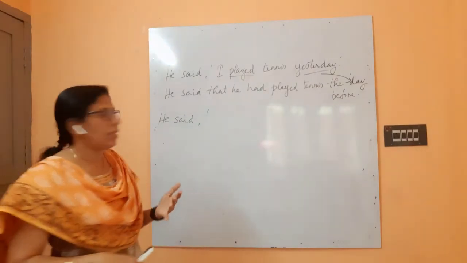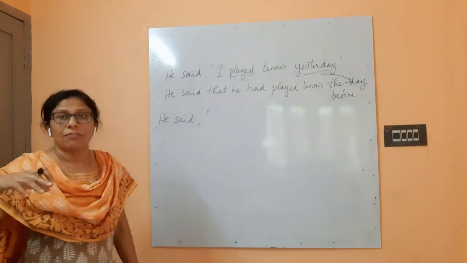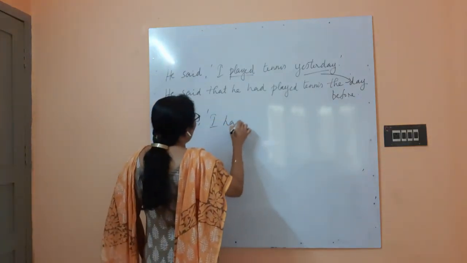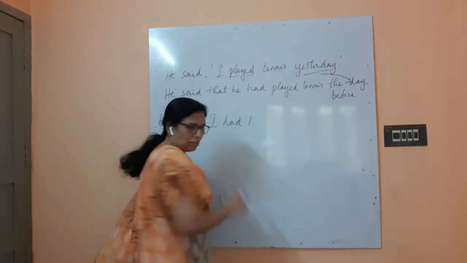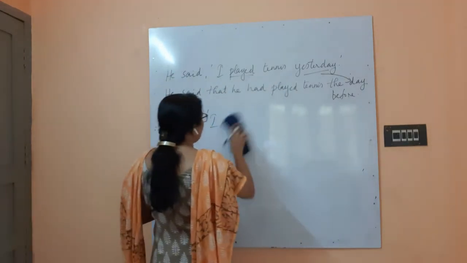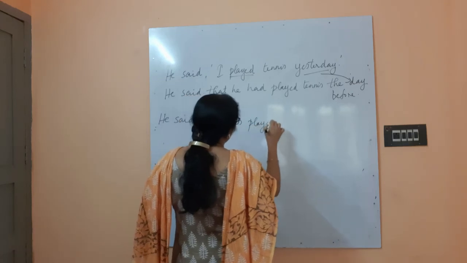Okay, so next one, I'm giving you the same example for you to understand it easily. Now simple past to past perfect; if past continuous is given, for example, I was playing cricket, I was playing, past continuous.